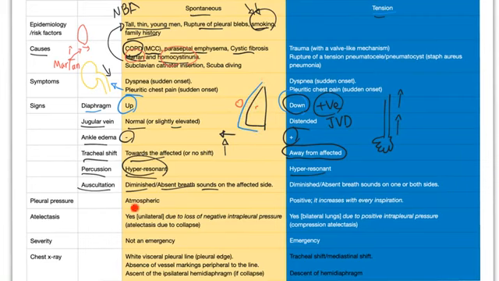This is going to diminish the respiratory lung sound, or it could be absent on the affected side. Here in tension pneumothorax, it's diminished or absent on both sides, because remember, the abnormal side is going to push the mediastinum, leading to compression atelectasis on the other side. You have a very small lung on the other side, and of course, if you have a very small lung, it's going to diminish the breath sound.